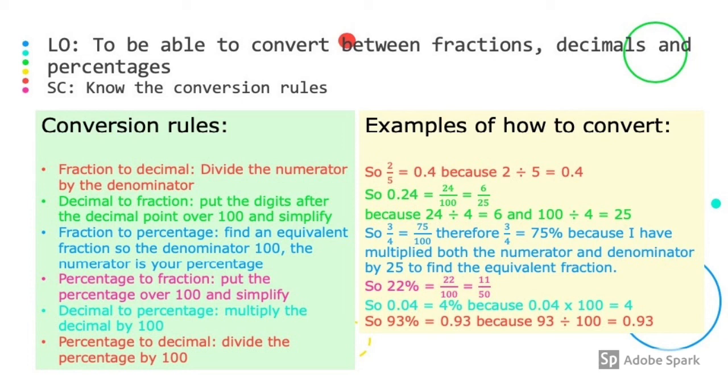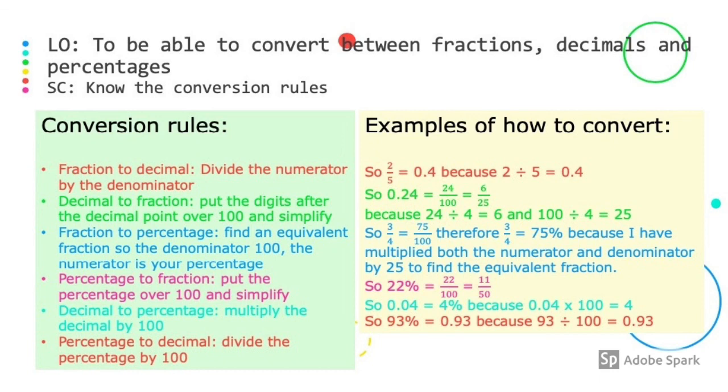When we're trying to convert a decimal to a fraction, we put the digits after the decimal point over 100 and simplify. So 0.24 is equivalent to 24 hundredths. 24 hundredths is equivalent to 6/25. I know this because 24 divided by 4 equals 6, so this is the numerator, and 100 divided by 4 is 25.